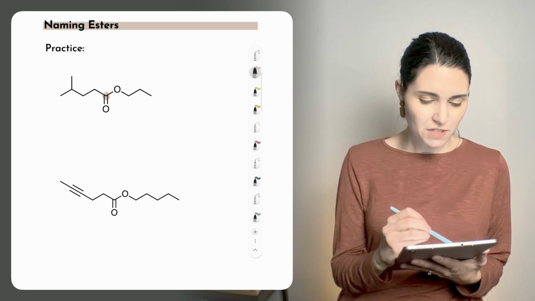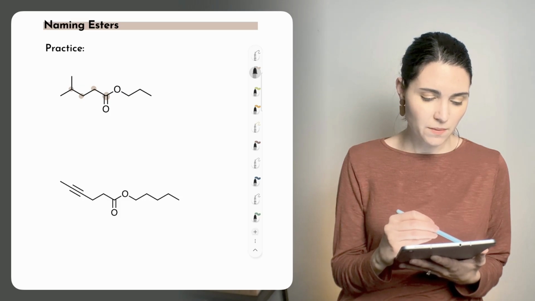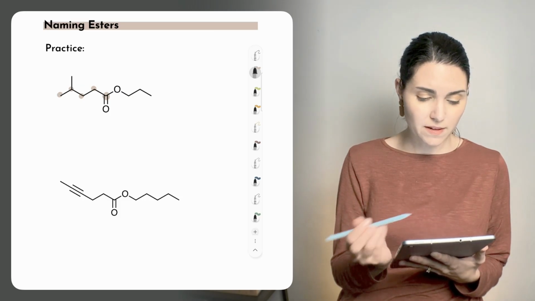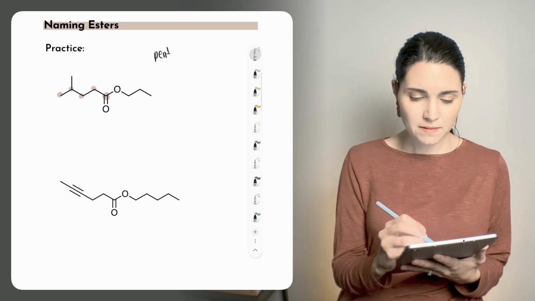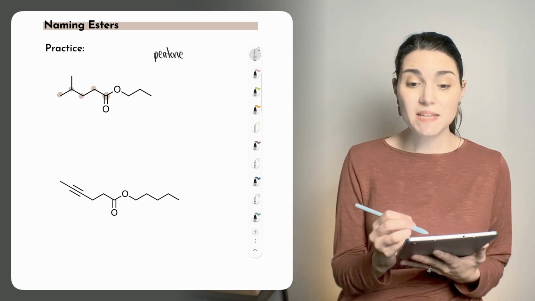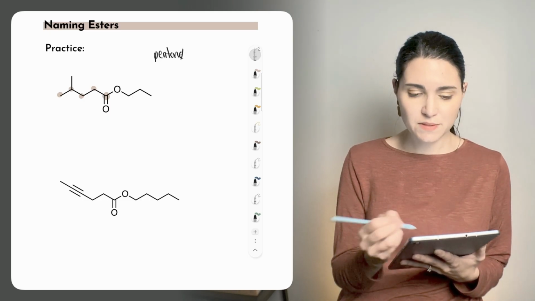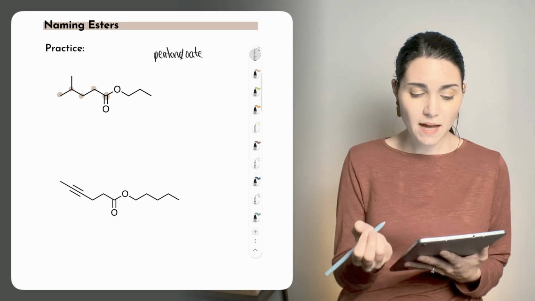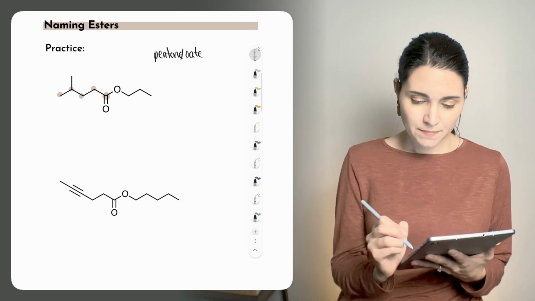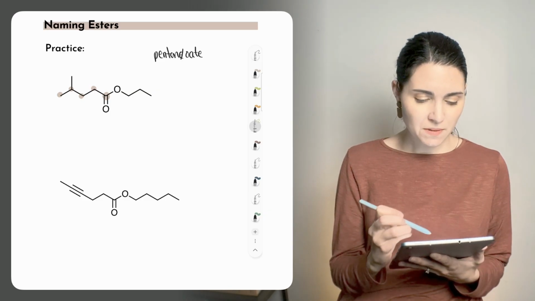So we'll follow the chain. 2, 3, 4, and we can go either way here. We get 5. So our parent is a pentane. We'll drop the E and add our ester ending, which is oate. So pentanoate.